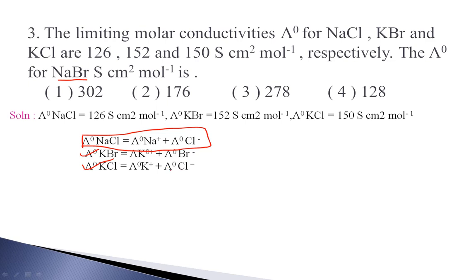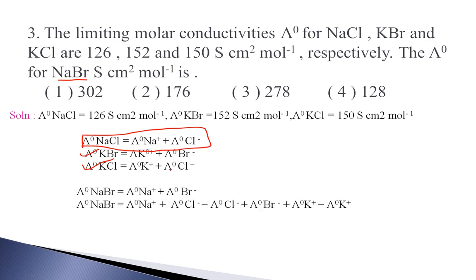Now we have to calculate the molar conductivity of NaBr. We write the ionization reaction for NaBr also. It is lambda naught of Na plus ion plus lambda naught of Br minus ion. We write this equation as lambda naught of NaBr equals lambda naught of Na plus, plus lambda naught of Cl minus ion, minus lambda naught of Cl minus ion.